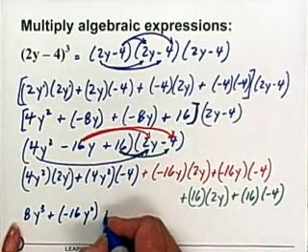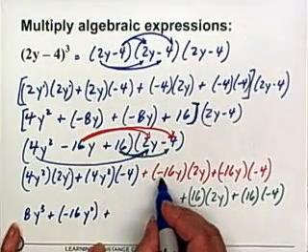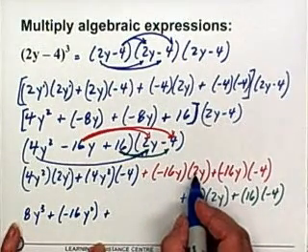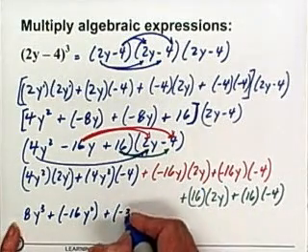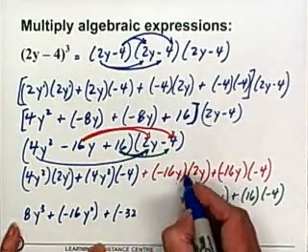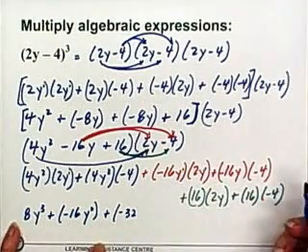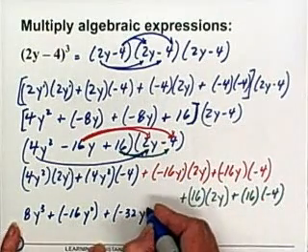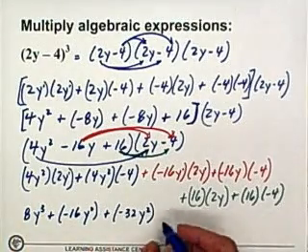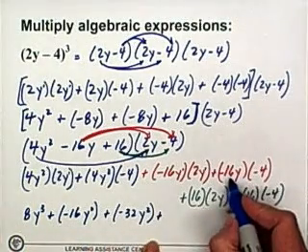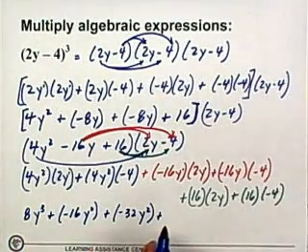And I'm going to add, here we have minus 16 multiplied by 2, which is a minus 32, and y1 multiplied by y1, which is y squared.